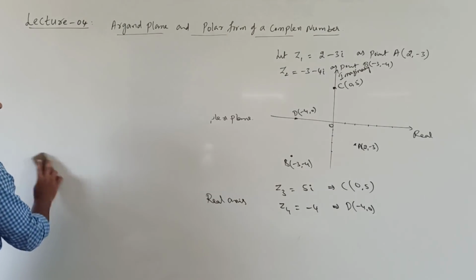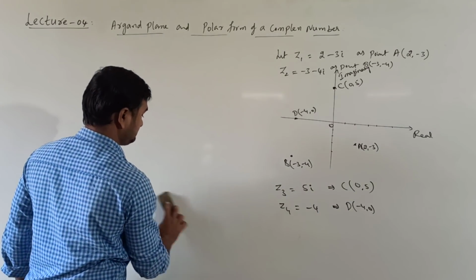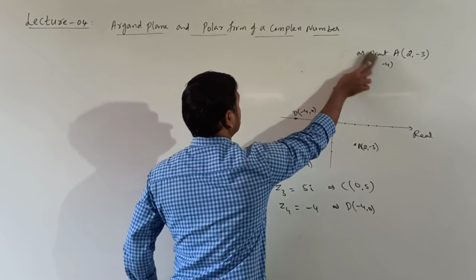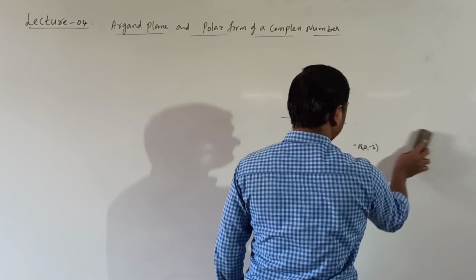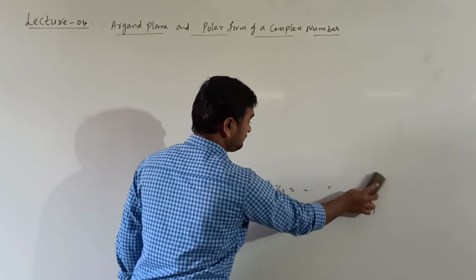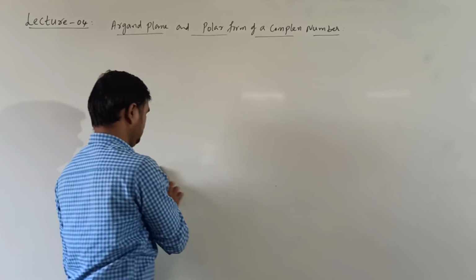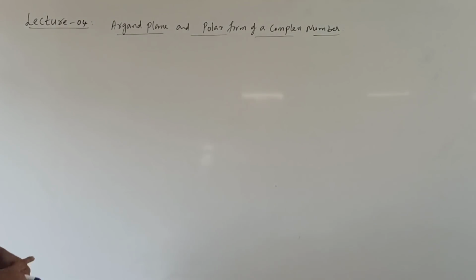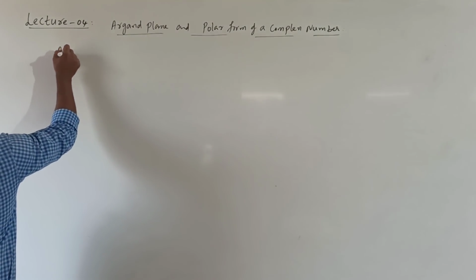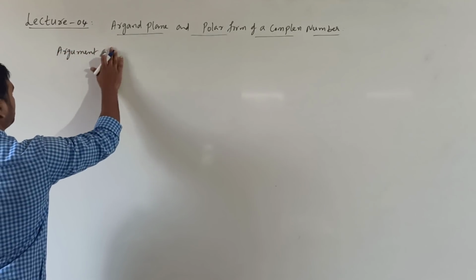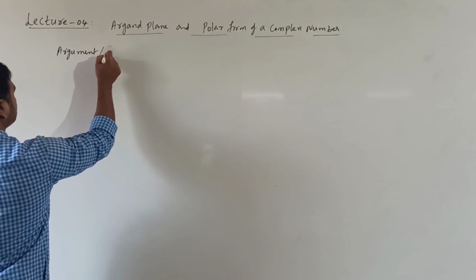Next, polar form of a complex number. Before studying the polar form of a complex number, first we should know one more definition, which is the argument of a complex number, also called the amplitude.